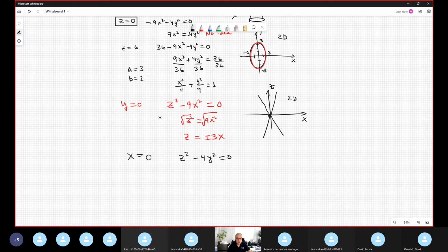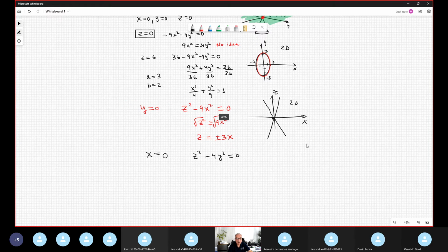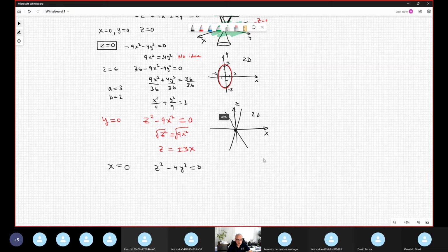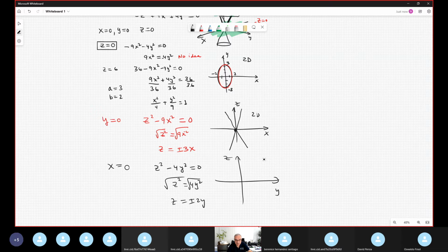It's very similar. Look, it's z squared equals 4y squared, square root both sides. z is equal to plus or minus 2y. It's a line. Also a line, but a different slope. This is the yz plane. In this case, the slope is 2.